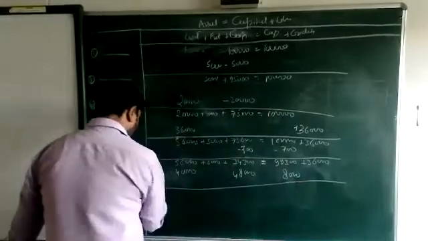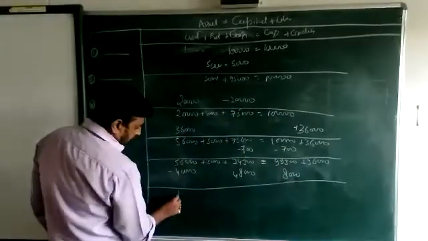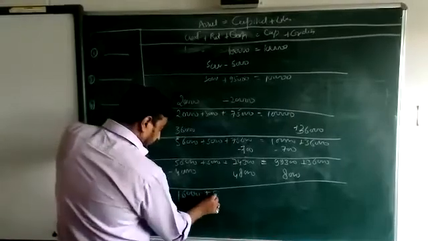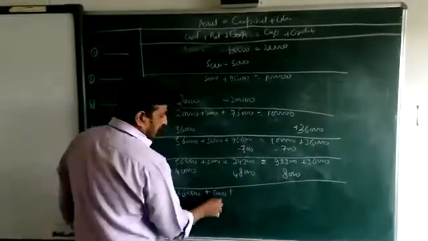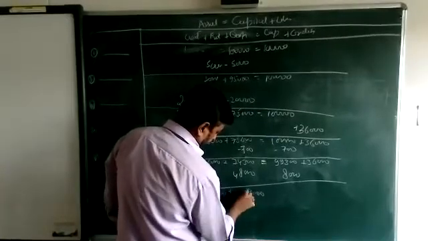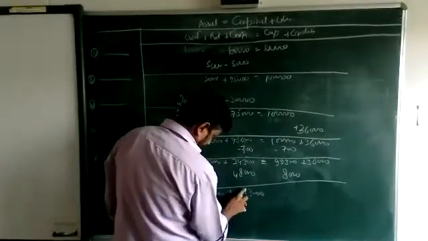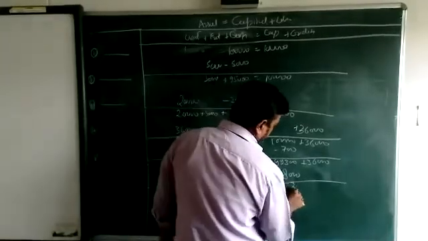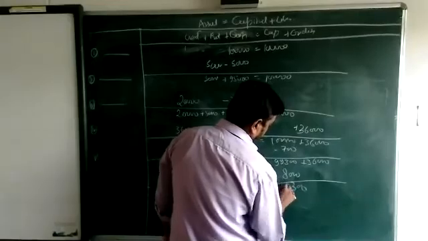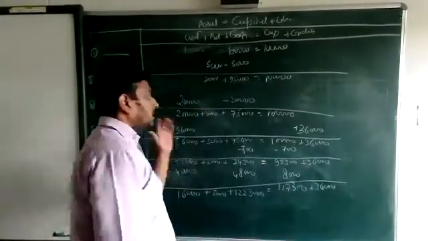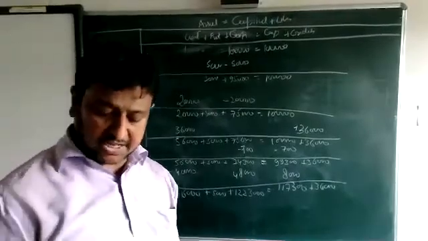Okay. Then 16,000, 5,000, this side plus 36.